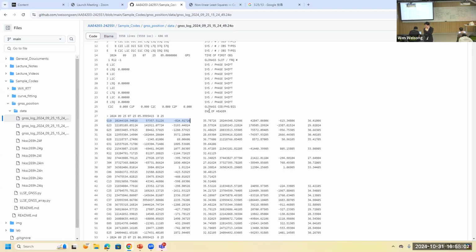Anyone have the result? Very close right there. How many iterations have you done? Oh, just two. It's not enough, at least four, I think.